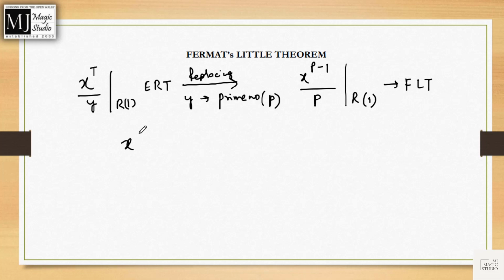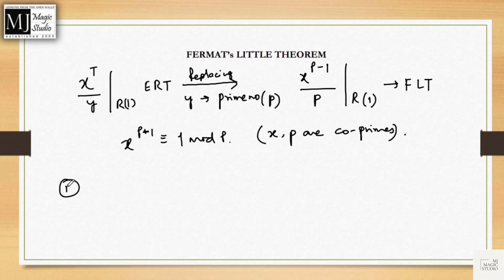That's it. X to the power p minus 1 is equivalent to 1 mod p. That is, when x to the power p minus 1 is divided by p, the remainder is always 1, given that x and p are co-primes.